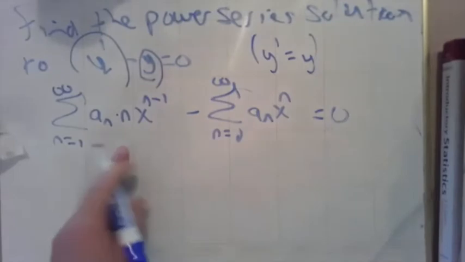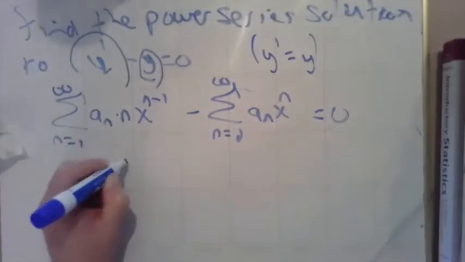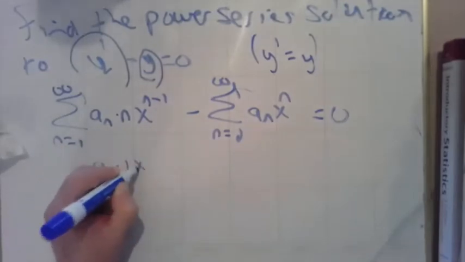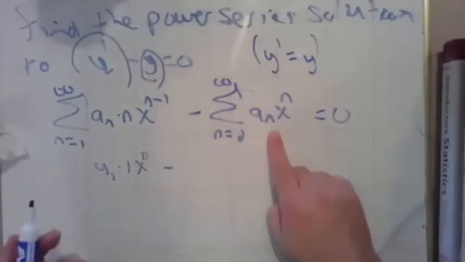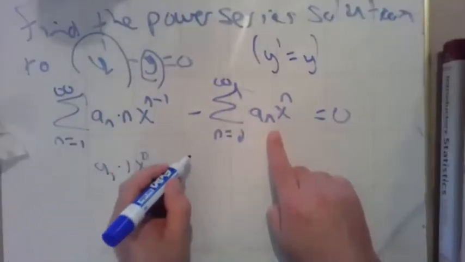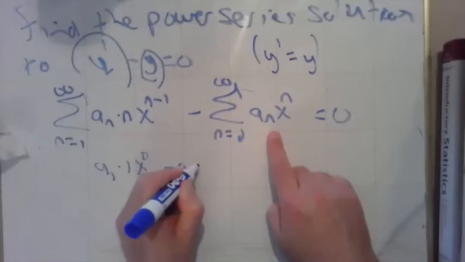Like n equals 1 here. The first one is a1 times 1 x to the 0. This guy, his first term, again, because everything's analytic, I can distribute this negative and do this one term at a time. This says a0 x to the 0.